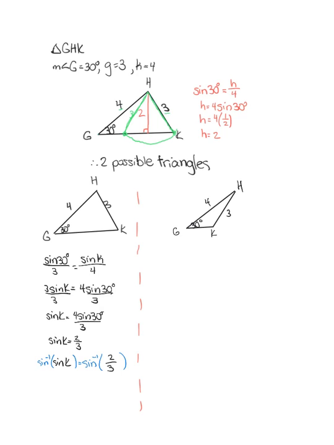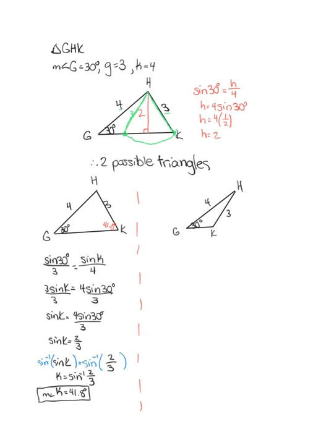So then K is equal to the sine inverse of 2/3, which rounded, the measure of angle K is equal to 41.8 degrees. Then I can add that to my picture. That is 41.8 degrees.